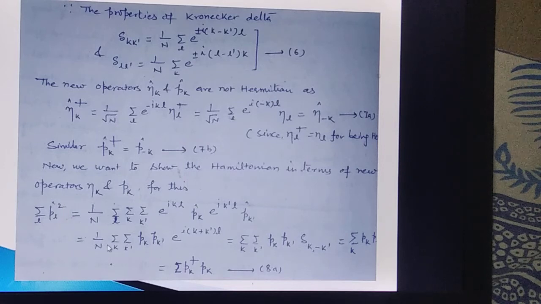By using the property of Kronecker delta, this whole term is equal to delta k minus k dash, and so you have here summation pl square equal to summation pk and p minus k. P minus k is equal to pk dagger, so this is equal to summation pk dagger pk.